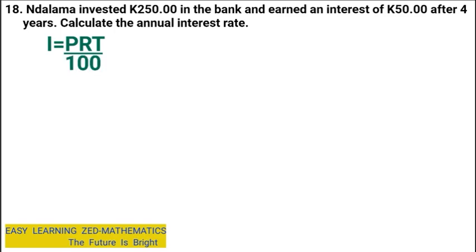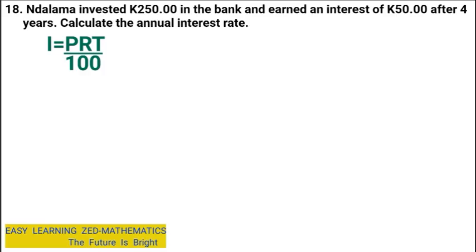So we're going to go back to the statement to see what is given. Is interest given? Yes. When you read the statement, you see where interest is given. Ndalama invested 250 kwacha in the bank and earned an interest of 50 kwacha. So the interest is given, which is 50 kwacha.